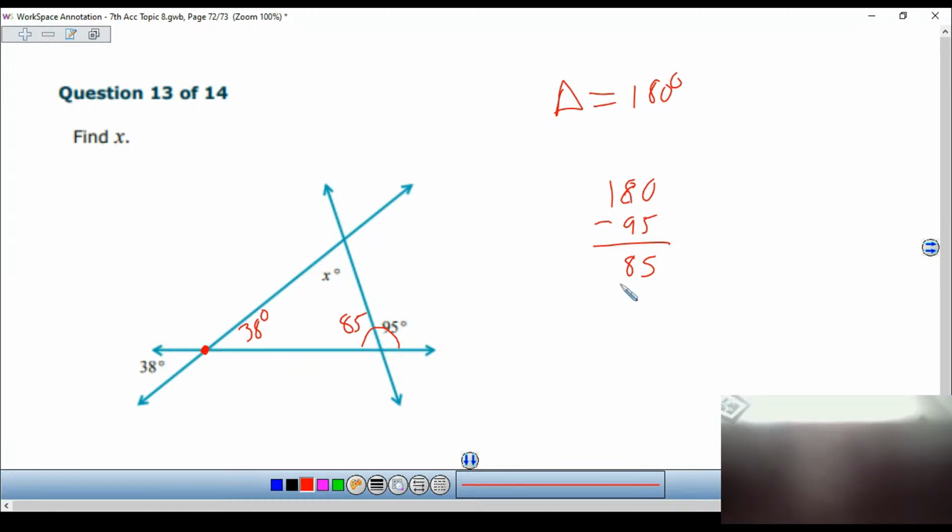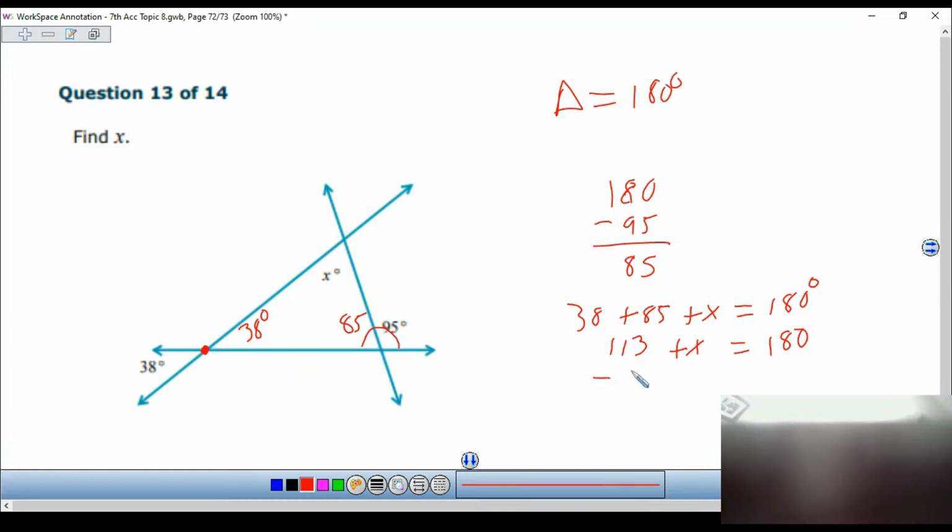So now I have two angles inside my triangle to find the x. So I have 38 plus the 85 plus x, which equals 180 degrees. If I add those together, I get 113, and that equals 180.